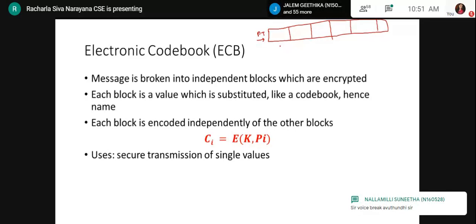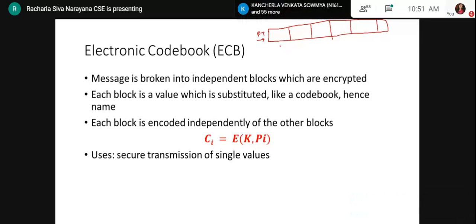If we use DES encryption, then the block size is 64 bits. If we use AES encryption, then the block size is 128 bits. Here in general I am saying b bits, so the original message is broken into equal lengths of b bits.